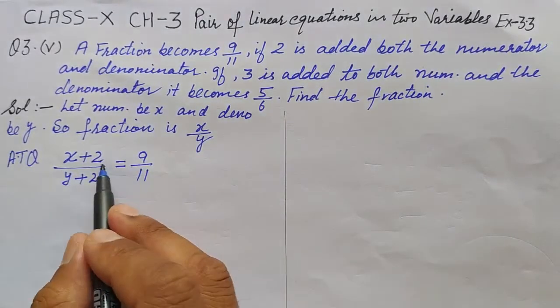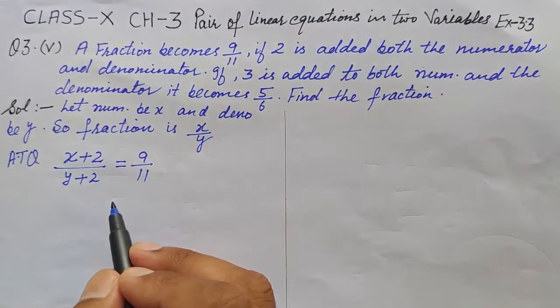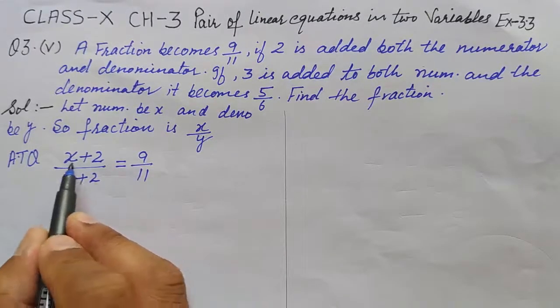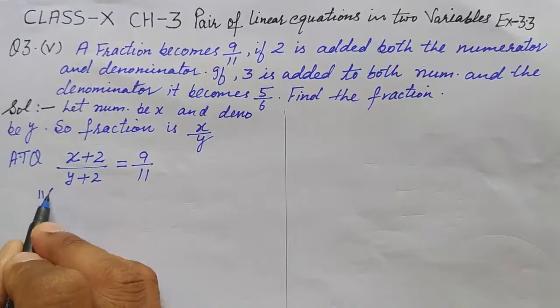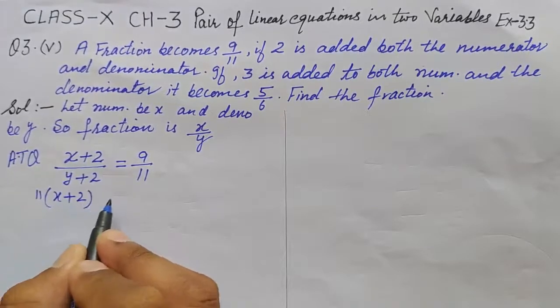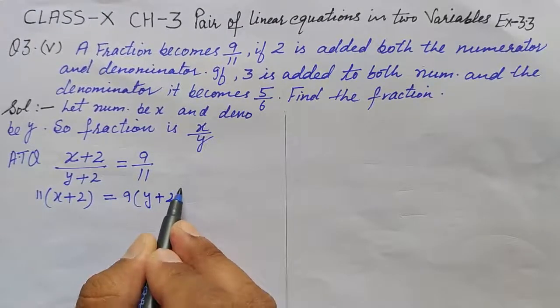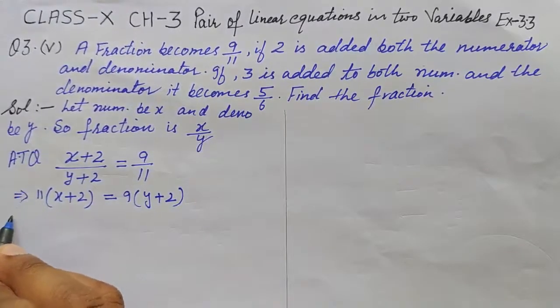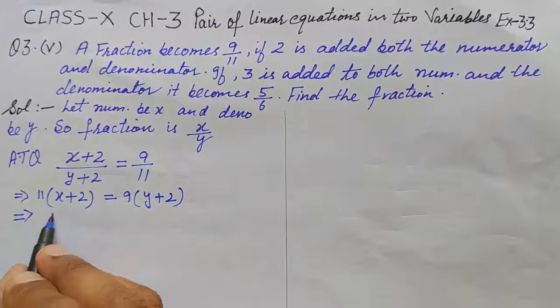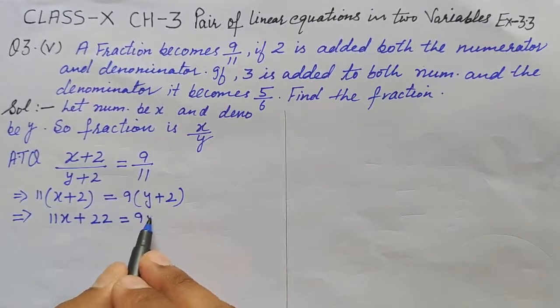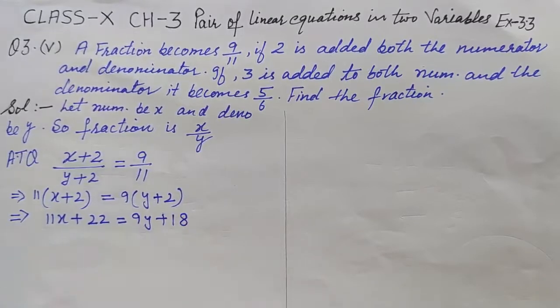Now we can cross multiply and find the first linear equation here. So cross multiply, we'll multiply with 11 these two. So it becomes 11 into (x plus 2) is equal to 9 into (y plus 2). That implies 11x plus 11 2s are 22 is equal to 9y plus 9 2s are 18.